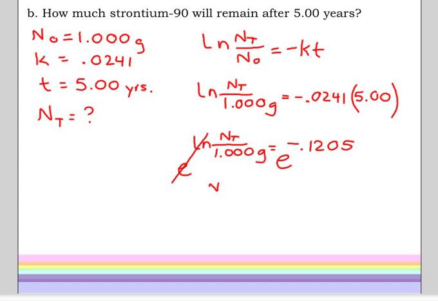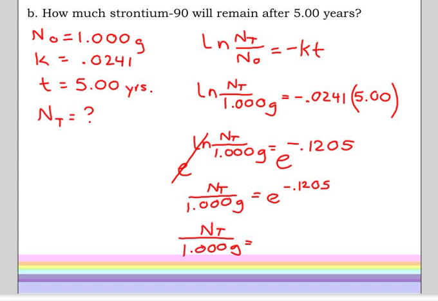So we get n sub t over 1 equals e to the negative 0.1205. And you'll actually have to put that in your calculator, an e to the negative 0.1205. What you're going to get is n sub t over 1.00 equals 0.8865.